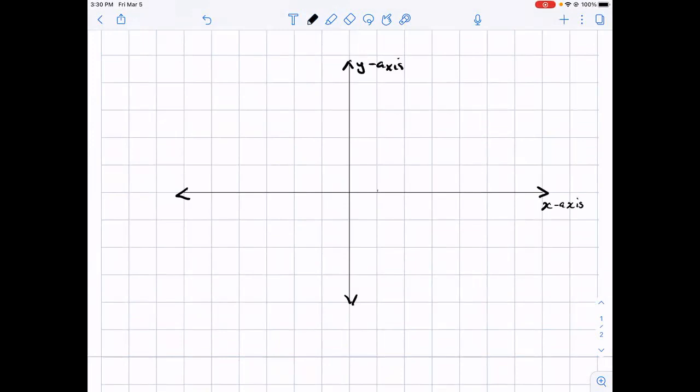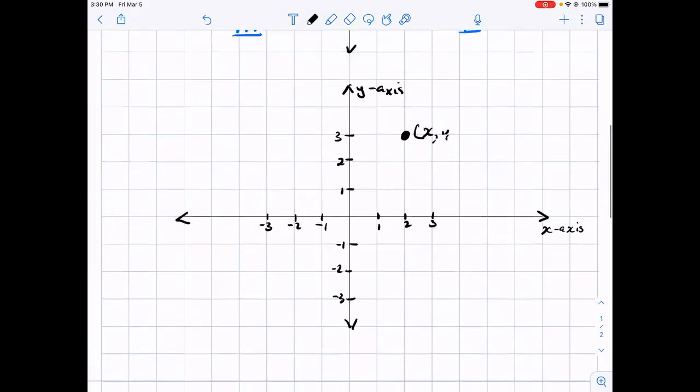If we put a point, let's put some numbers in here. If we put a point in the first quadrant, some dot here, let's say, and that dot has some x comma y, and we call that an ordered pair.